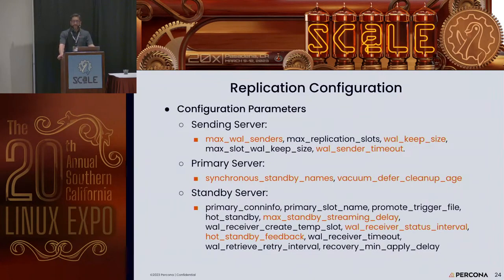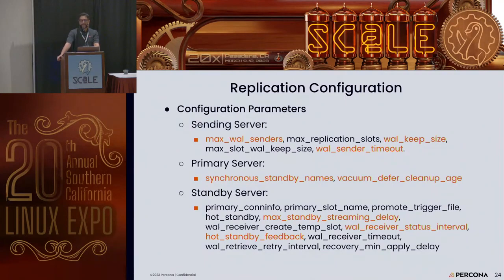On the standby, you have max standby streaming delay. That is one of the configuration parameters that would cause a replication conflict to arise. WAL receiver status interval and hot standby feedback are the two other parameters.